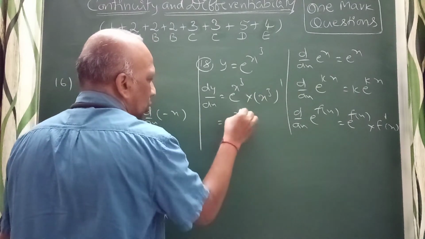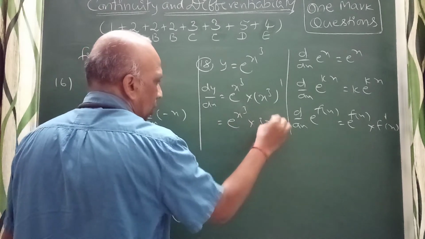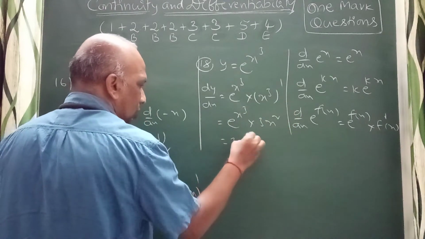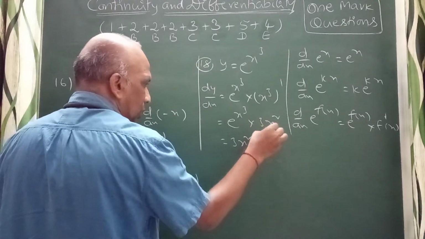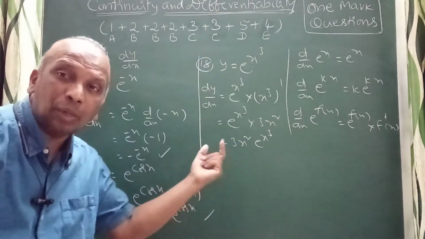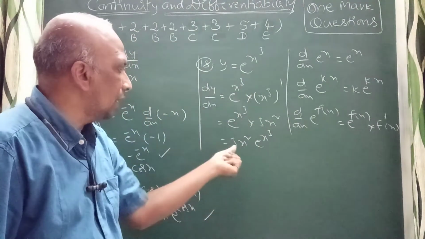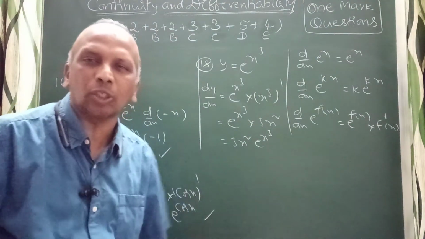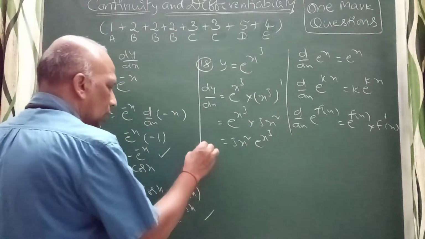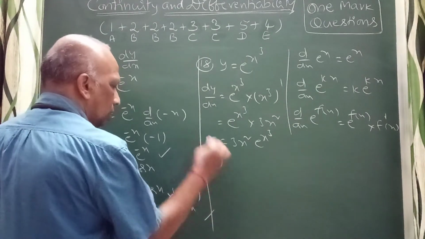So e power x cube into 3x square. So your answer is 3x square into e power x cube. To understand, I have done this number of steps. Otherwise you can directly write the derivative, 3x square e power x cube, in one step. Now the 19th one.